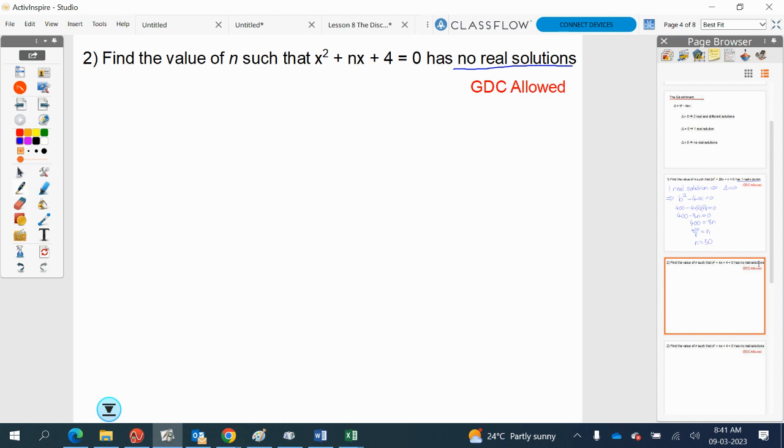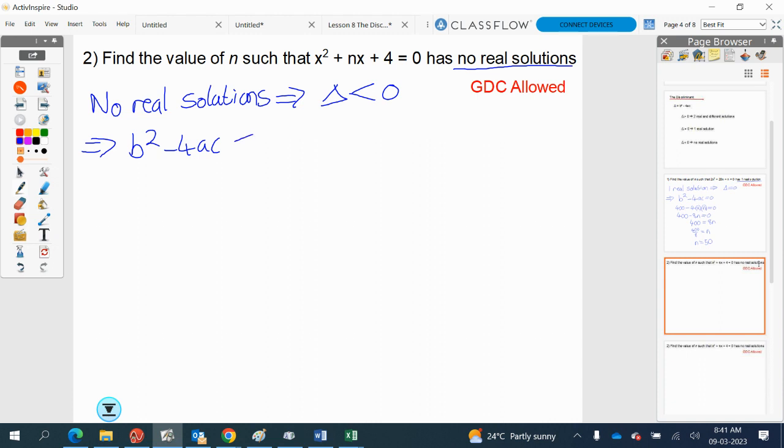For no real solutions to occur, that's where we start off with, no real solutions. This implies that the discriminant must be less than 0, which implies that b squared minus 4ac is less than 0.